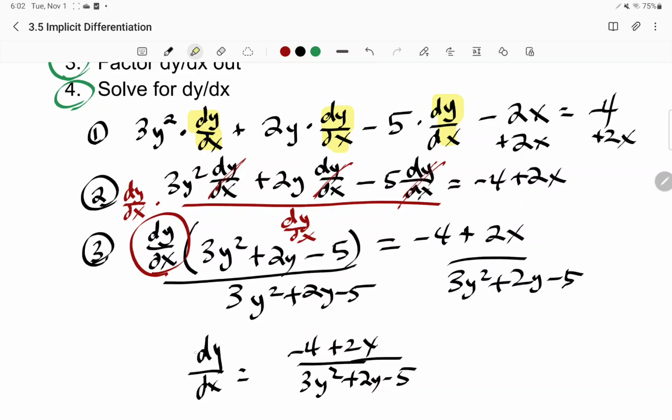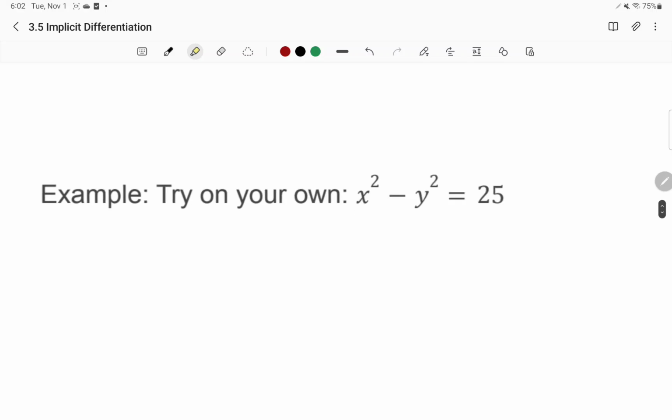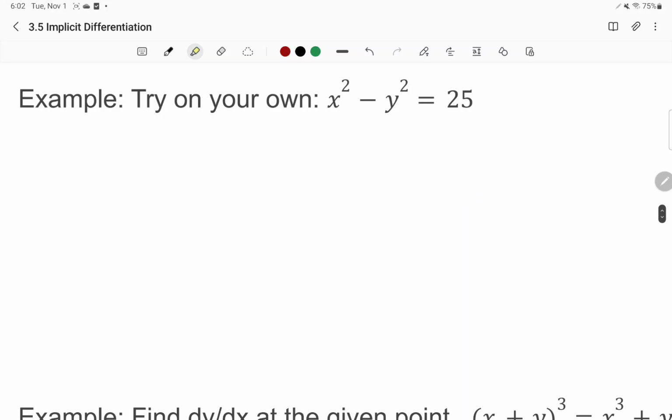That is our final answer here. And at this point, if you have a value, x and y coordinates, you can go ahead and plug that in. All right, now that we know the steps, I want you to go ahead and try one on your own. Try x squared minus y squared equals 25, and then come back and see how you did.